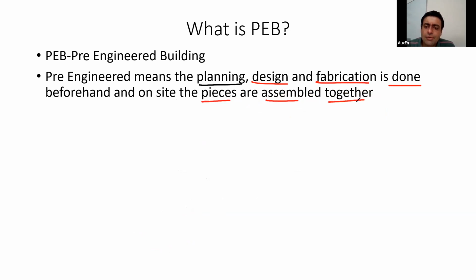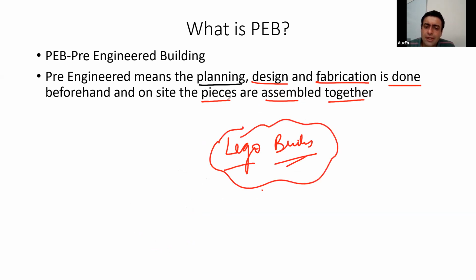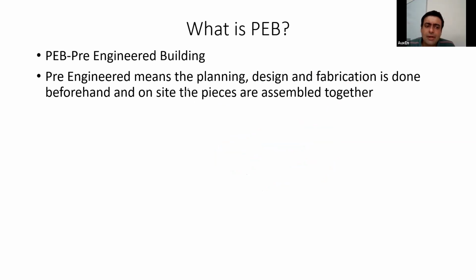If you have seen Lego bricks, a very popular toy for kids, similar to Lego bricks, we just assemble those bricks and create structures, isn't it? So similarly, the pieces are fabricated somewhere else and they are just assembled together on the site.